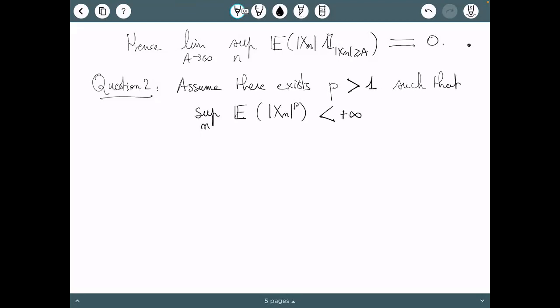So there is some uniform bound on the Lp moments of the random variable xn. Show that the sequence xn, the stochastic process xn, is uniformly integrable.